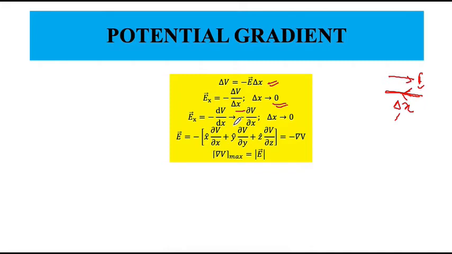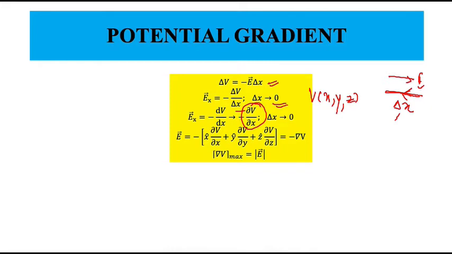In general the potential could be a function of all the components x, y and z, so I have to replace dV by dx by the corresponding partial derivative, minus partial V by partial x. I can build up the other components of the electric field by following this idea, right?